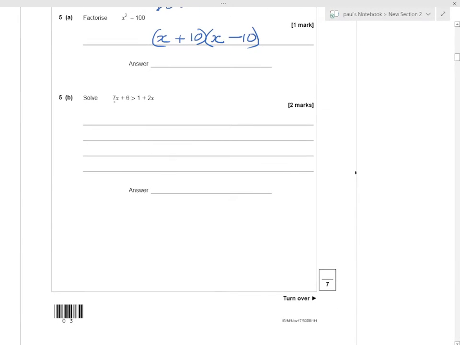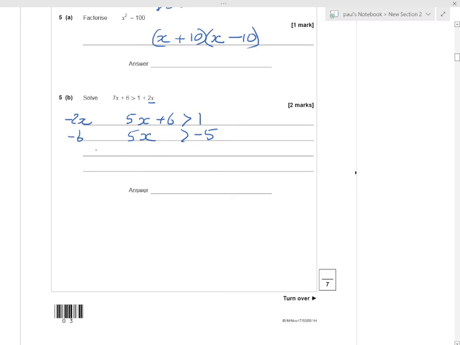Solve. x on both sides. So get rid of the smaller number of x's. So subtract 2x from both sides, which will give us 5x plus 6. Don't worry about the greater than, less than, whatever that sign is. It makes no difference at all. Now we need to get rid of plus 6. So subtract 6. 5x. 1 take away 6 is minus 5.